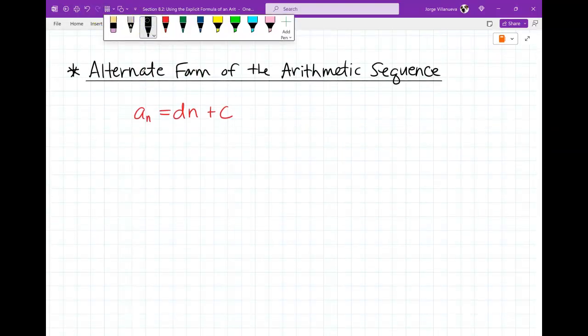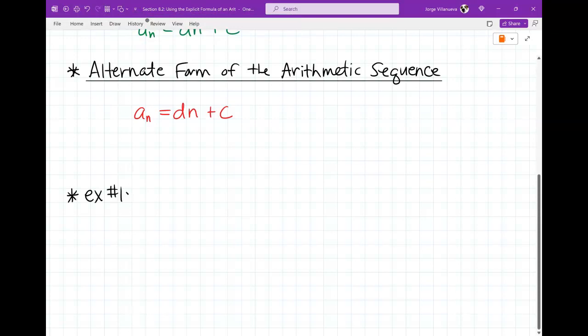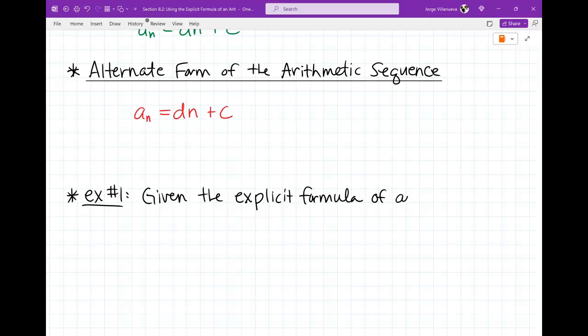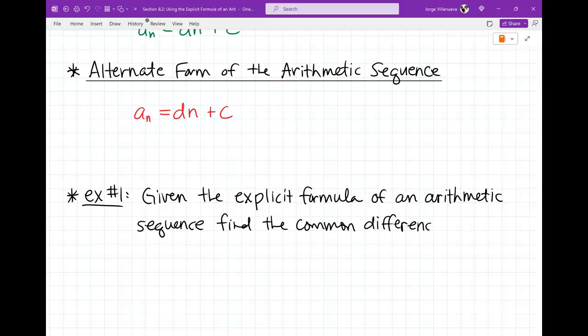So here's the first example. Given the explicit formula of an arithmetic sequence, find the common difference and the term named.